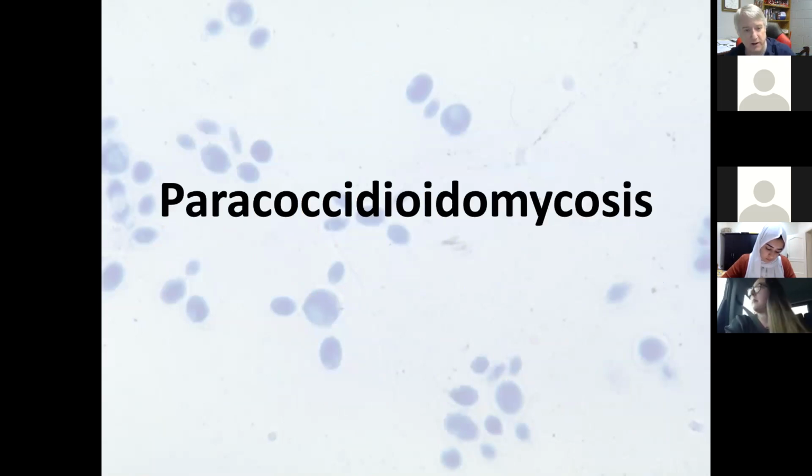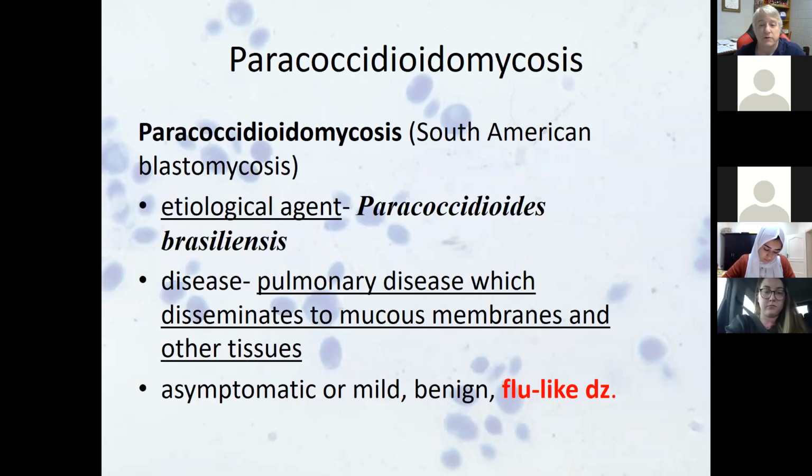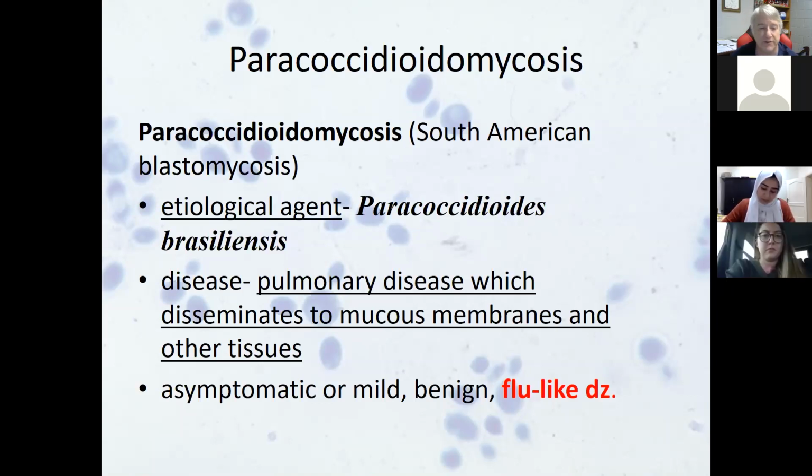Moving on to paracoccidioidomycosis. This is a South American version of blastomycosis, Paracoccidioides brasiliensis. You can see South America with Brazil there. Pulmonary disease, which disseminates to mucous membranes and other tissues.